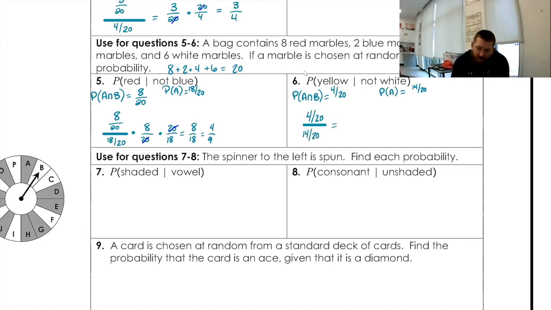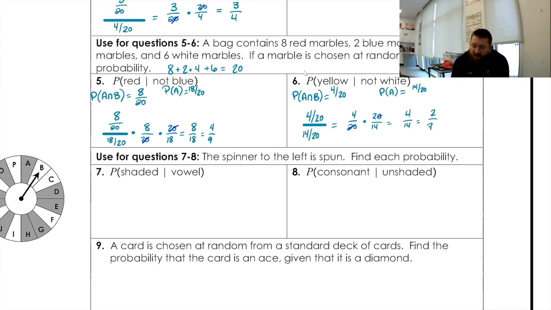Can't divide fractions, so we're going to multiply by the reciprocal. 4 over 20 times 20 over 14. And then 4 over 14 reduces to 2/7.